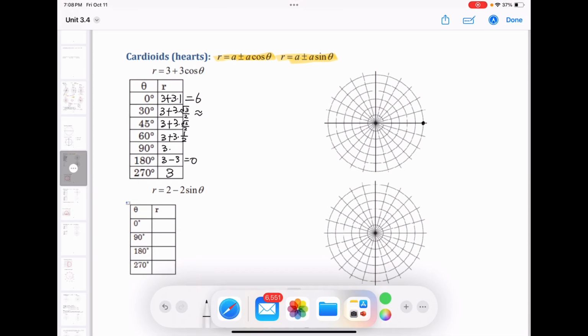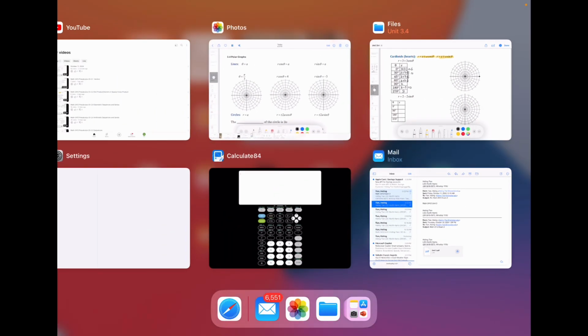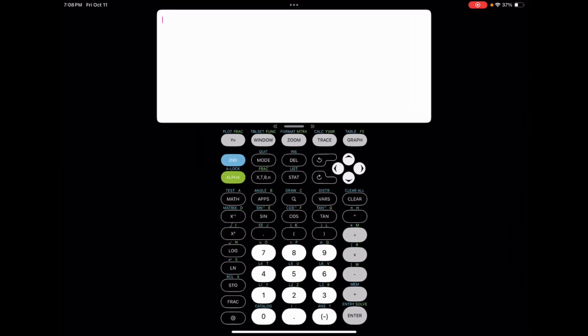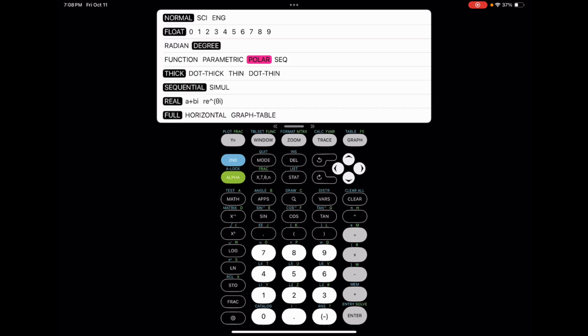For example, we can use our calculator to graph it. Because this is polar coordinates, we need to set our calculator to polar. First, what should I do? I click mode and scroll down, highlight degree if it is degree. Then, where it says function, you can move to polar.